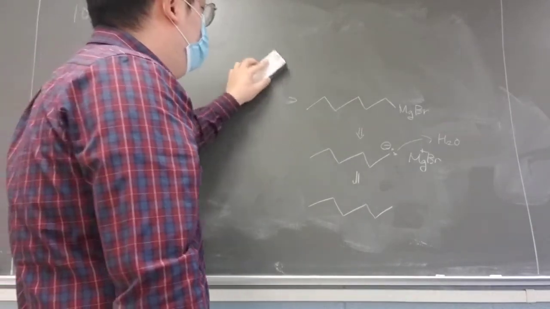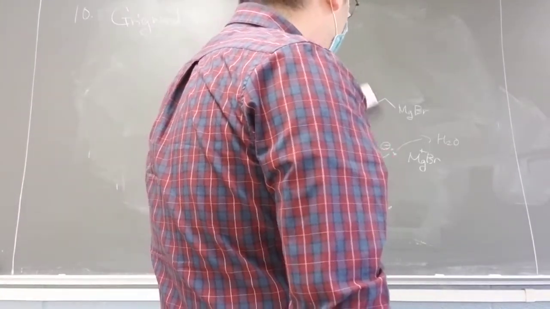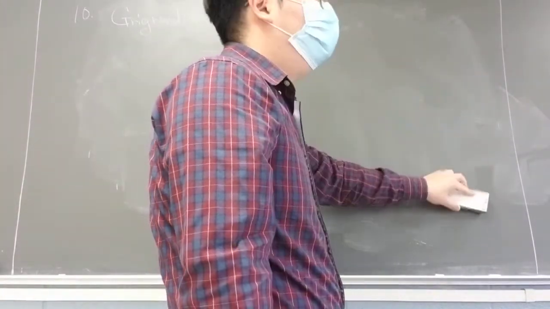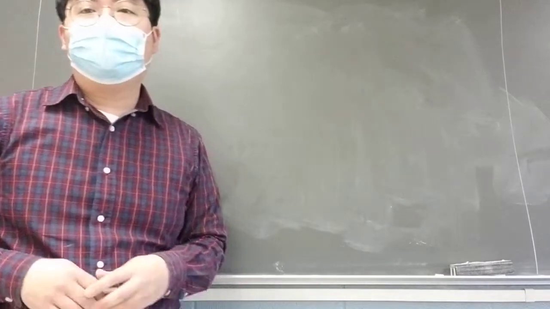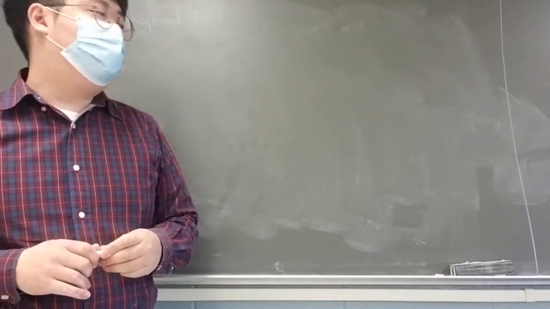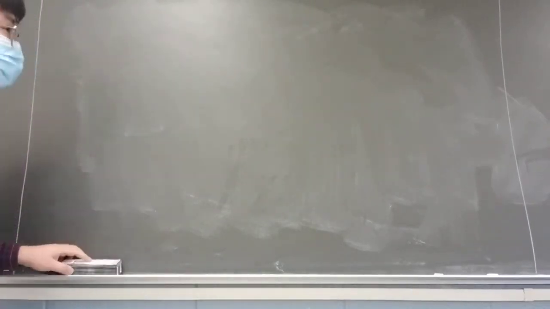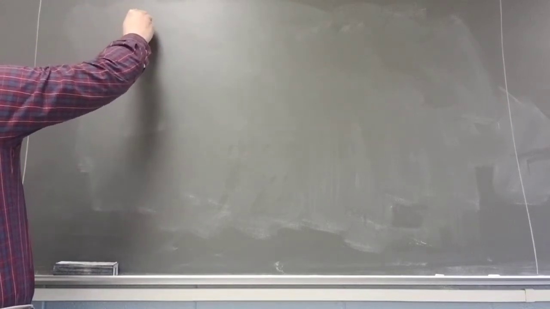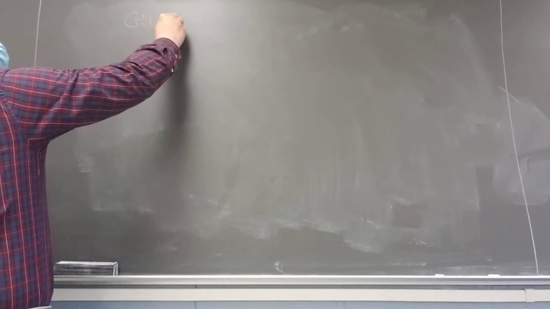So this is one good example of organometallic compounds. Whenever you have this type of reaction, we can do a little bit more with these compounds here. The next one, first thing, is the Gilman reaction.